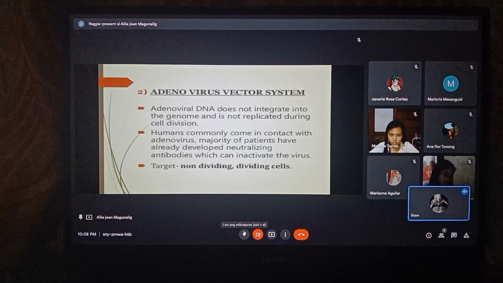Humans commonly come in contact with the adenovirus. The majority of patients have already developed neutralizing antibodies which can inactivate the virus. So the target of adenovirus vectors is non-dividing and dividing cells.